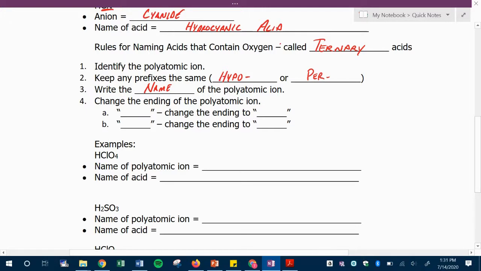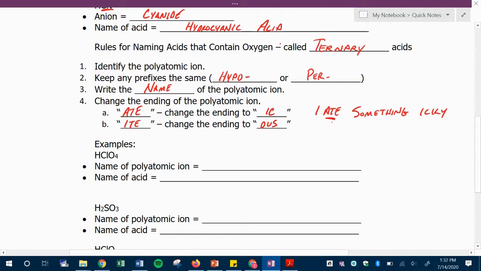Like before, we change the ending. If the polyatomic ion ends in "ate," we change the ending to "ic." And if it ends in "ite," it becomes "ous." To help you remember which is which, there's a little phrase: I ate something icky.